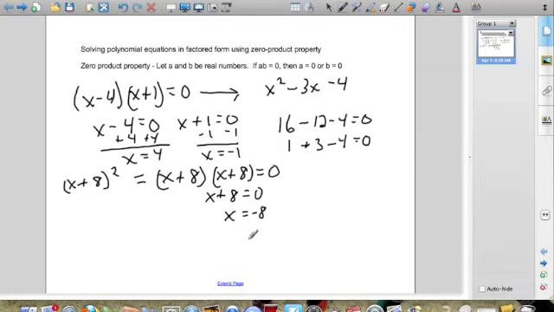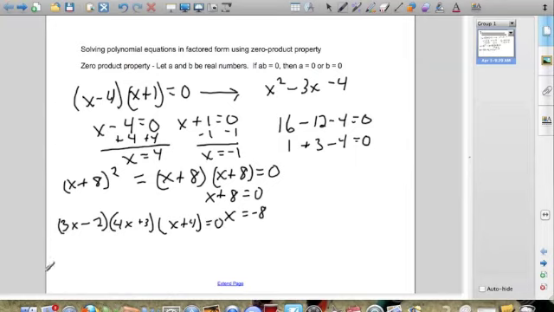Now the last type of problem we're going to have has three binomials. Let's say we have 3x minus 2 times 4x plus 3 times x plus 4, and we'll set that equal to 0.